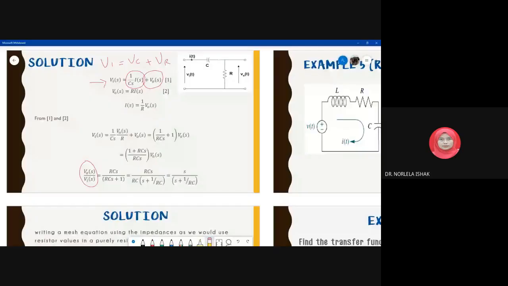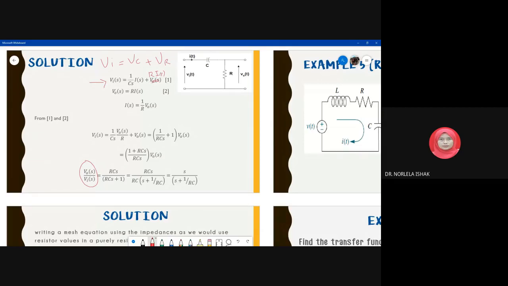You can put VR also, and if you want to put VR, here you can get R IS. So we finish equation 1.